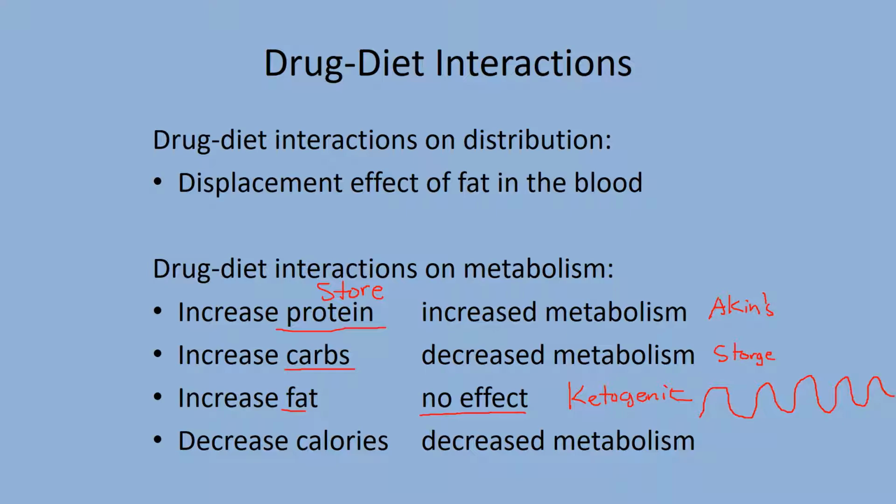Decrease calories, your body's going to go into starvation mode, so it's going to store all of the energy that you take in. So metabolism will affect distribution, how fast the drug will get to the site of action.